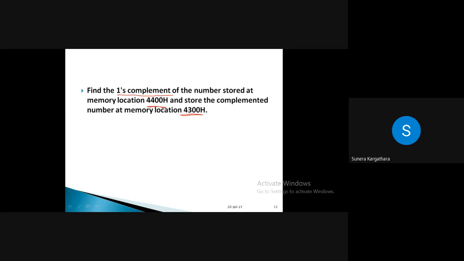What you want to do? वंस कॉम्प्लीमेंट, टूज कॉम्प्लीमेंट डिजिटल में पढ़ा होगा आपने, राइट? Yes or no? Yes, ma'am. Correct. So we want to find the ones complement of the number, but the number is not available in any register. It is available in a memory location. So you need to take it from the memory location, complement it, and store the result again onto location 4300.